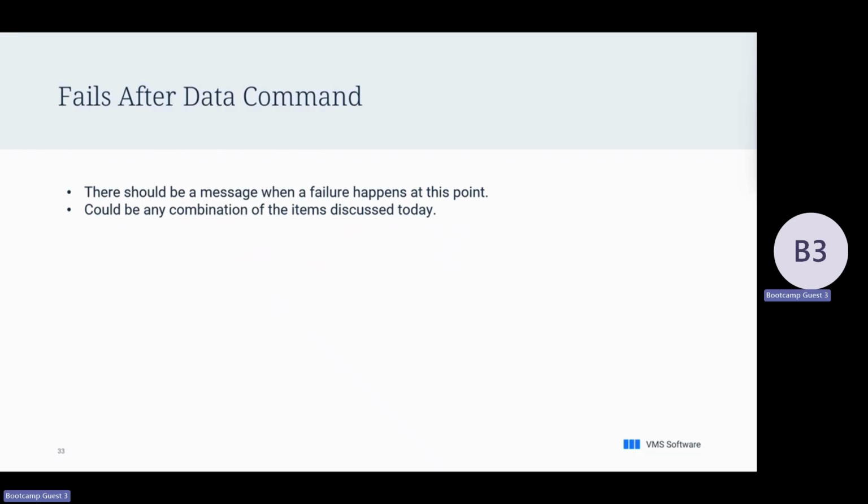Okay, so if it fails after the DATA command, it's never going to fail on the DATA command itself, because the data is just data. That's not going to be judged by the server.